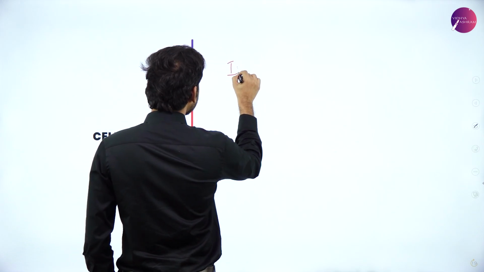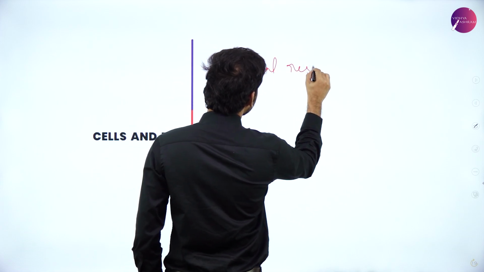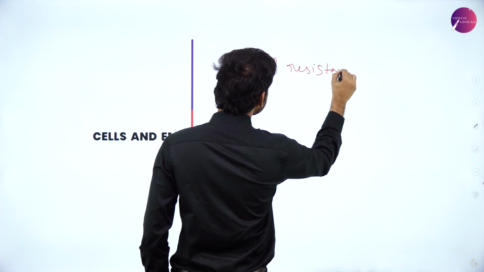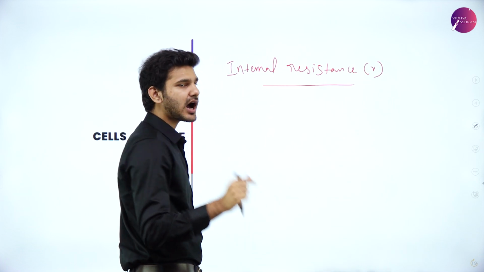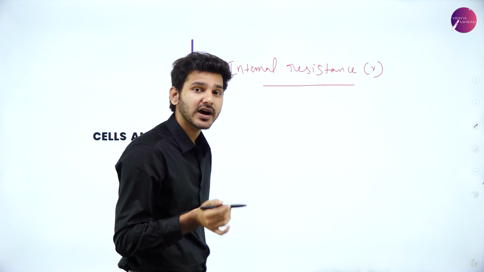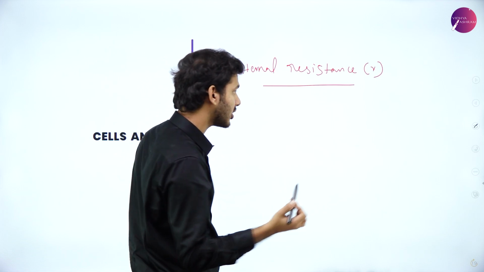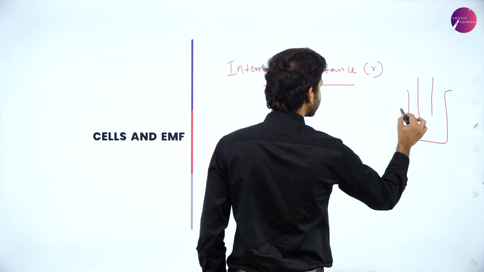So internal resistance is denoted by small r, and it is defined as the resistance offered by the electrolytic solution, because we were dealing in terms of electrolytes.